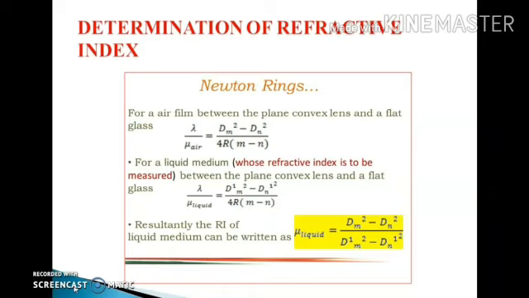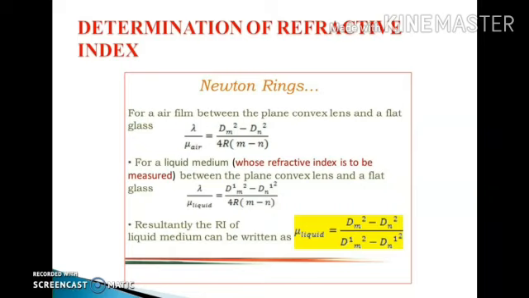Now by combining these two equations, we will get the value of the refractive index of the liquid medium which we have introduced in our setup. We obtain the expression for the refractive index as dn square minus dn square, which we have obtained in the case of the air film, divided by dm square minus dn square, which we have obtained in the case of the liquid.